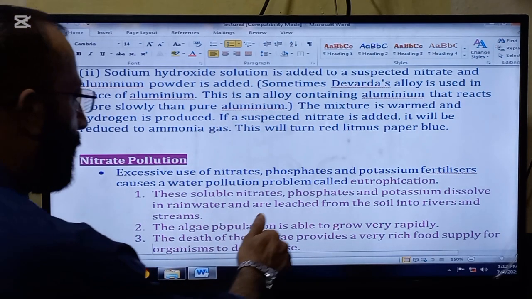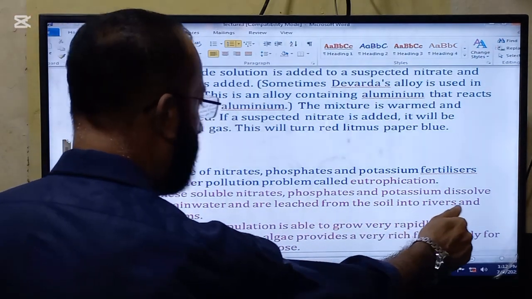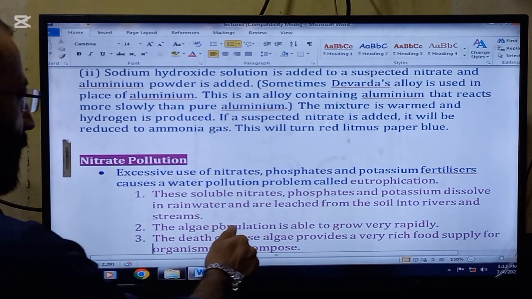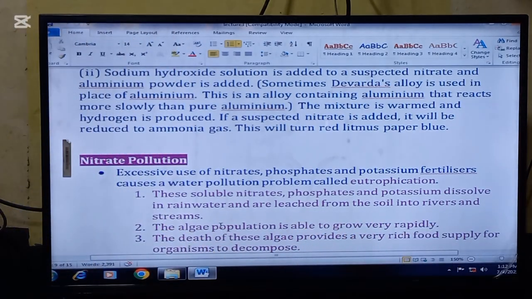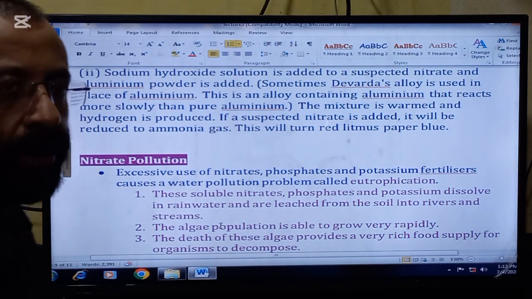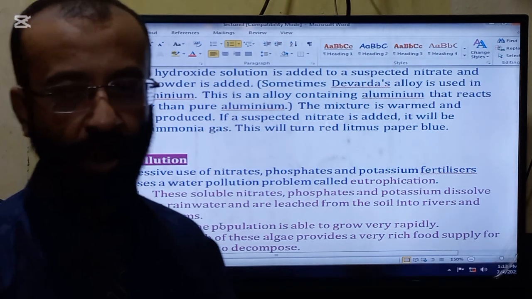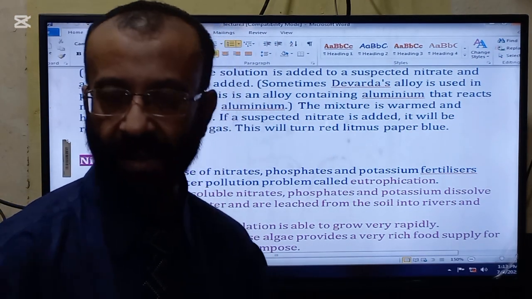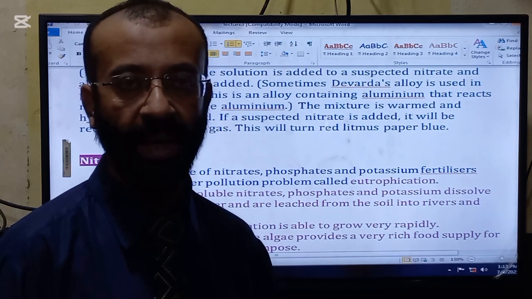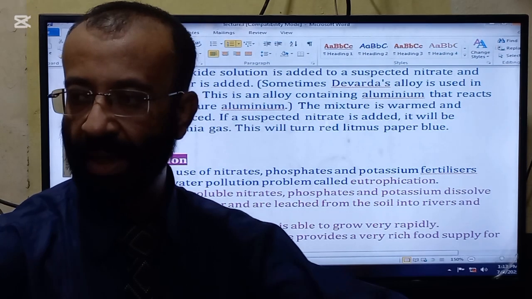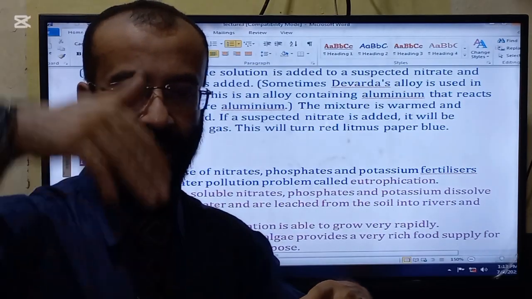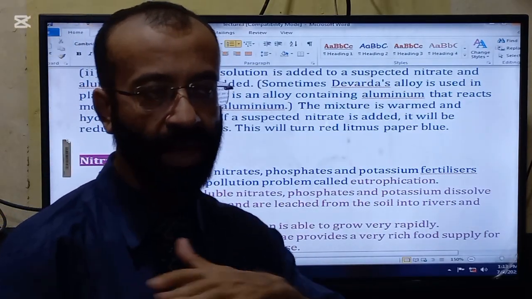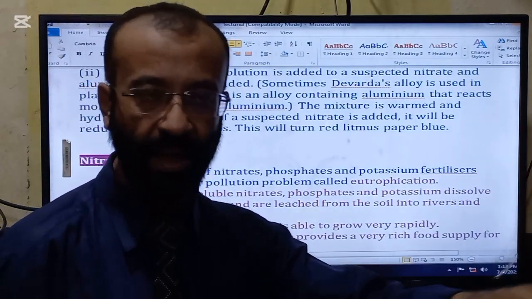These soluble nitrates, phosphates, and potassium dissolve in rainwater and are leached from the soil into the rivers and streams. So when farmers mix these NPK fertilizers into their farms, they mix with water and leach into the ground and go into the rivers and lakes.